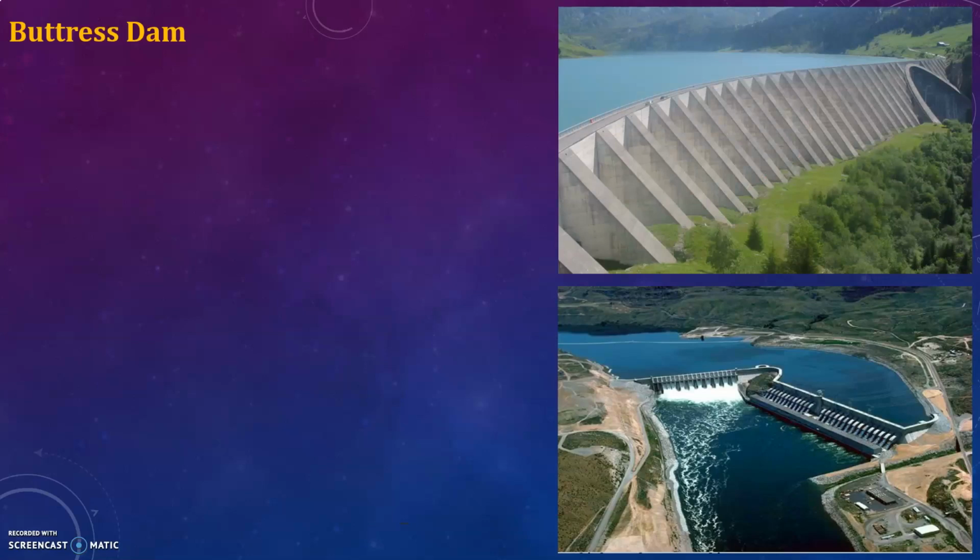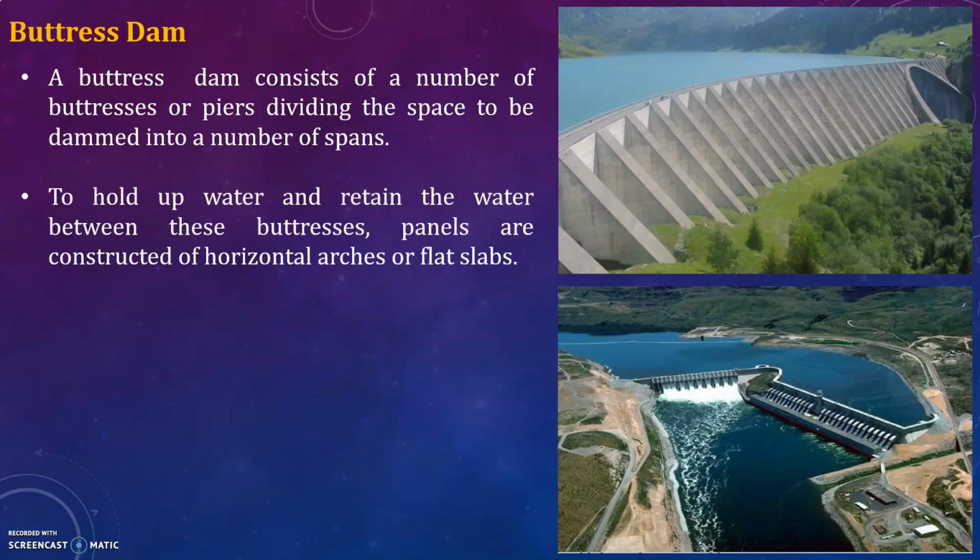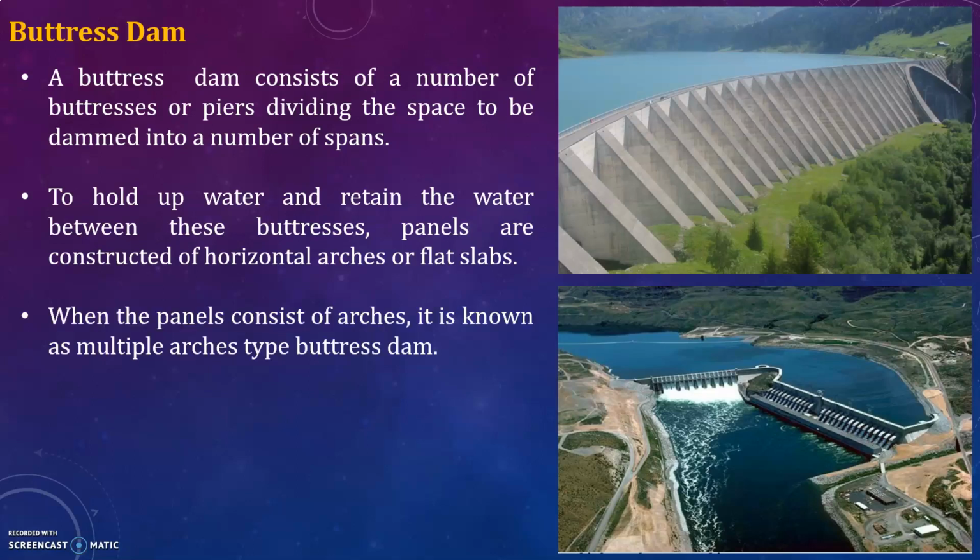Let us discuss Buttress Dam. A buttress dam consists of a number of buttresses or piers dividing the space to be dammed into a number of spans. To hold up water and retain the water between these buttresses, panels are constructed of horizontal arches or flat slabs.